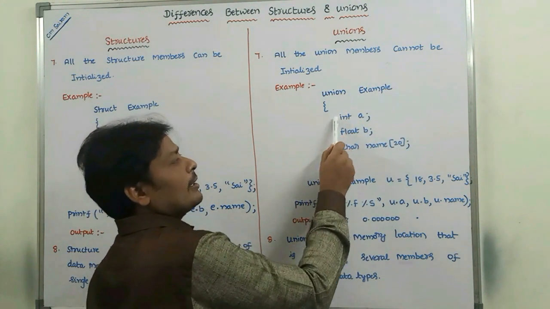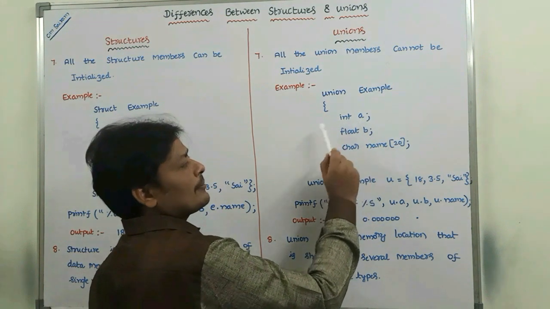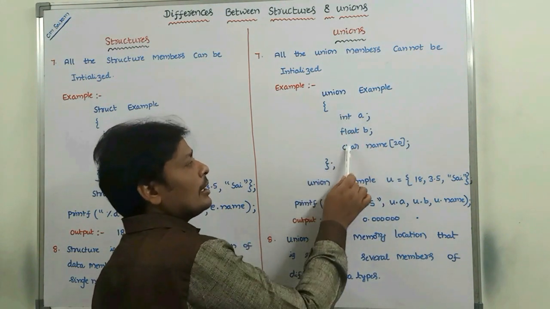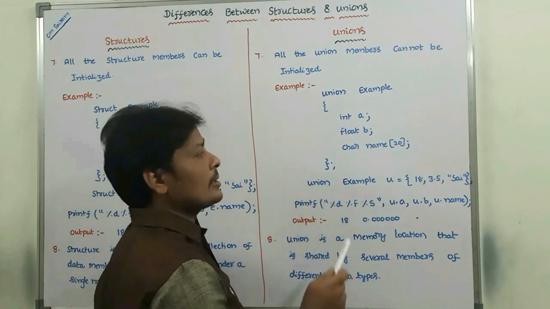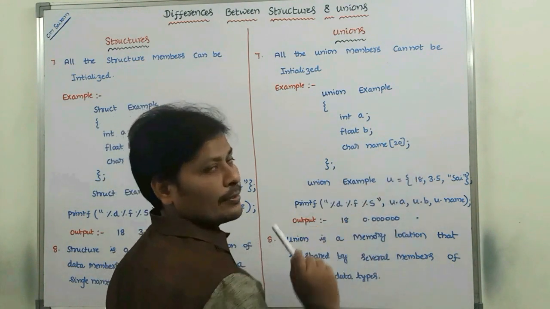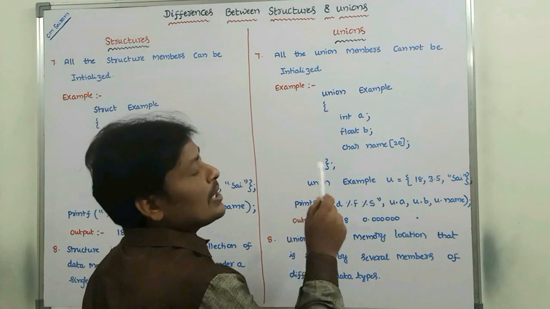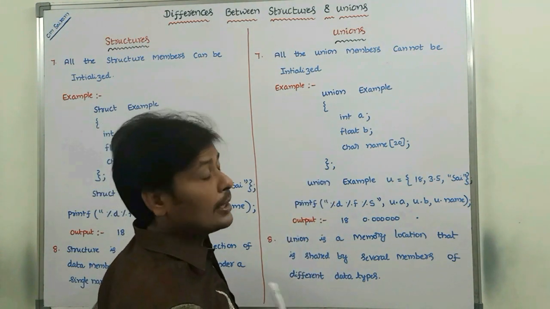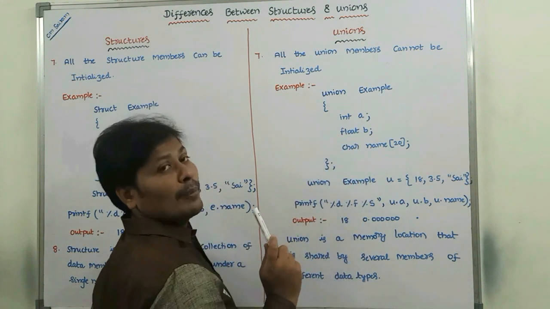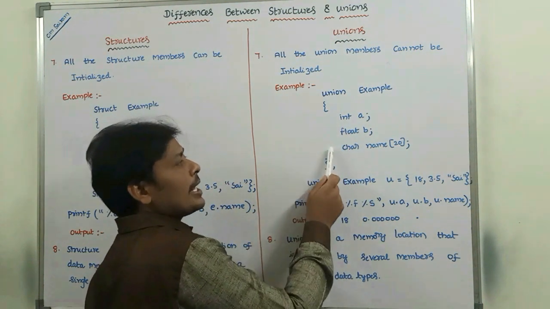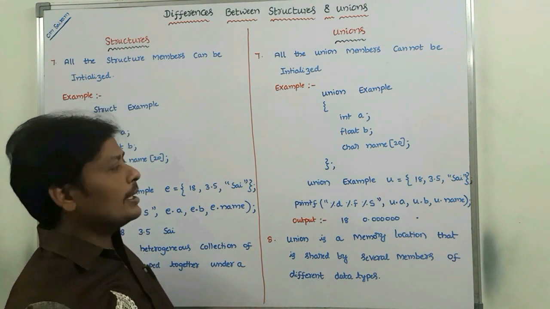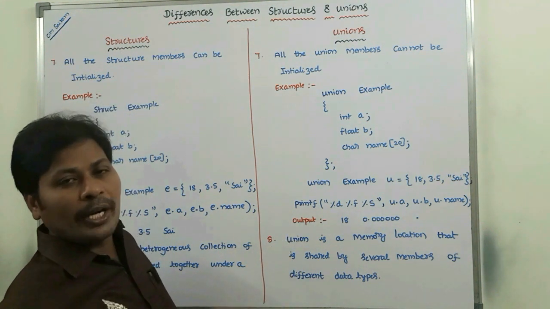Here it occupies 2 bytes, 4 bytes, and 20 bytes. Among the 3 data members, the largest is this one. So how much memory is allocated for the union? 20 bytes. This 20 bytes of memory is shared by all the data members in the union. That is represented in the previous point graphically.